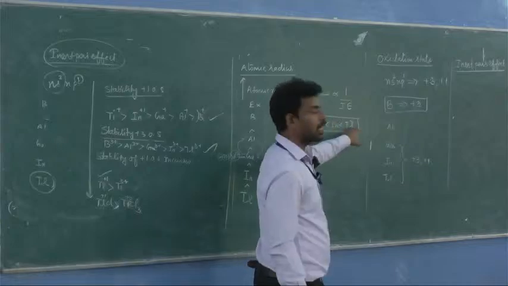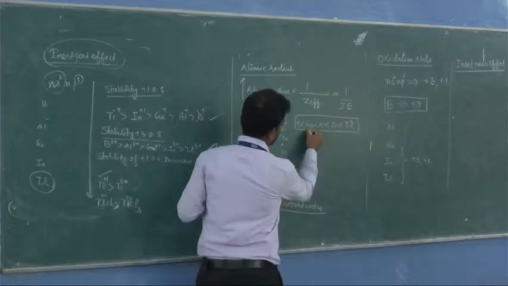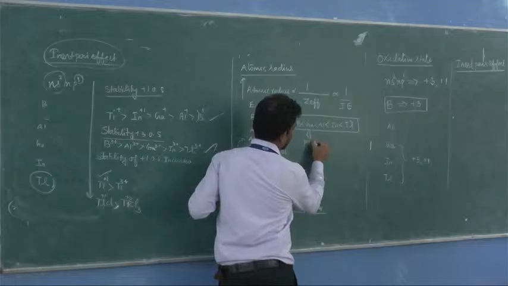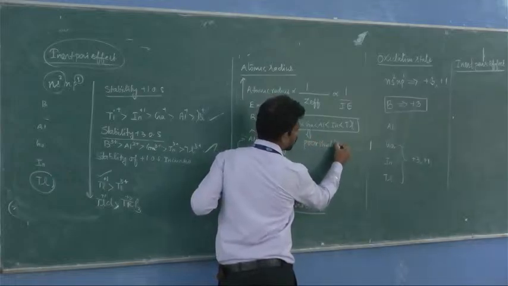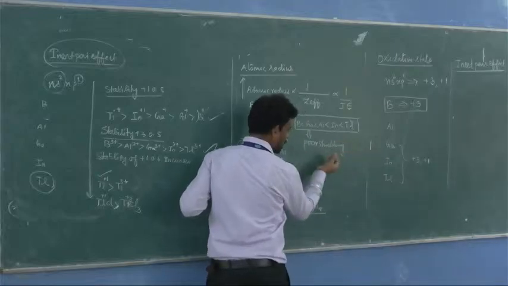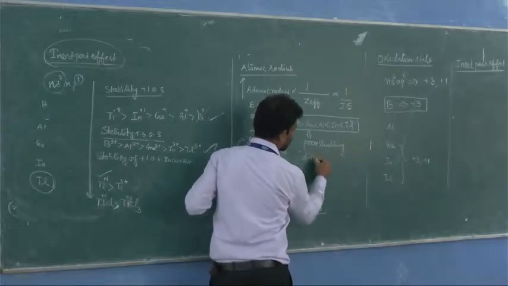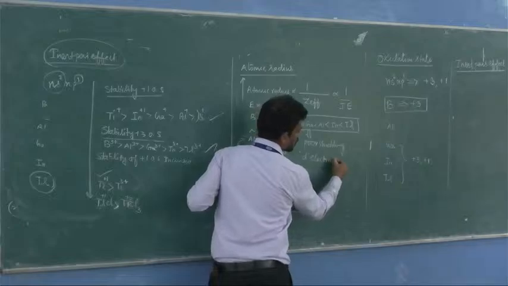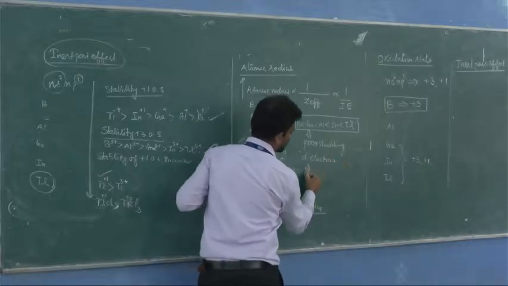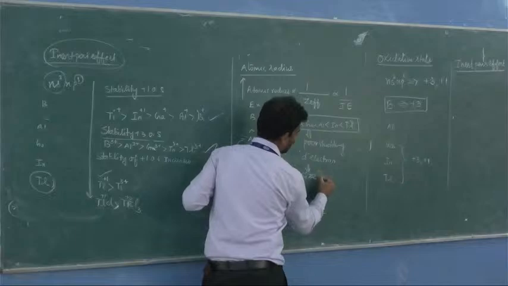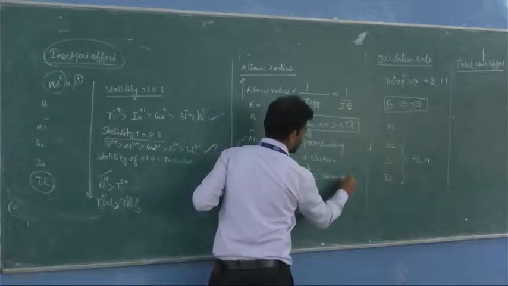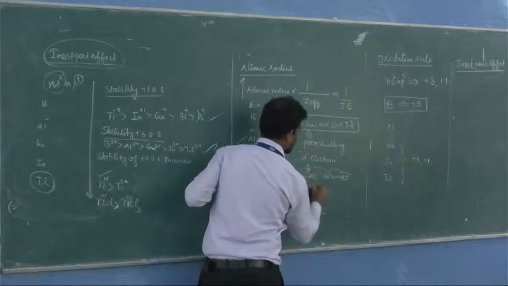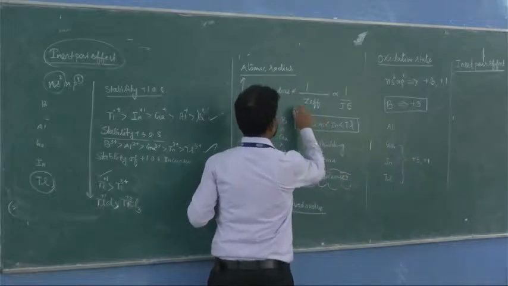This is due to ஏன் decrease ஆயிருக்கு அப்படினு கேட்டா poor shielding of d electron. Poor screening or shielding of d electrons. Please note this. Poor shielding இருக்கனால size decreases or radius decreases. So this is the correct order. This you have to write.